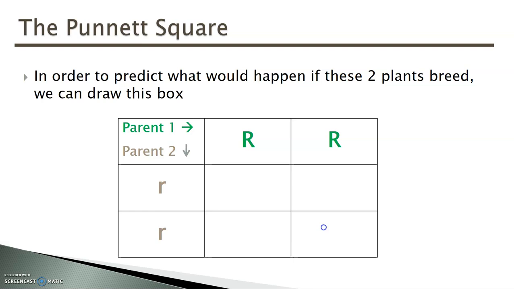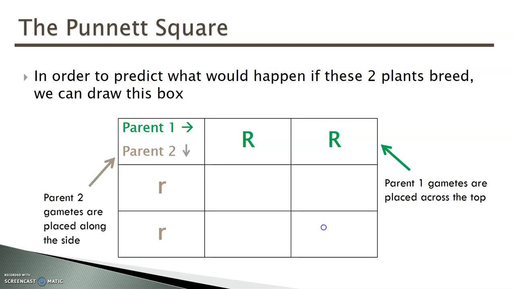Now, we're only going to look at one of these genes, so we are going to put just big R representing the dominant allele in parent 1 across the top. And we will put parent 2 along the sides. So these 2 little r's are each in one box representing the gamete of parent 2. And that's how you set this up. So you spread them out.